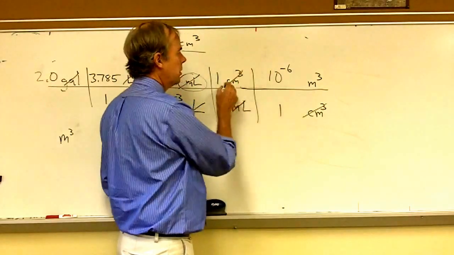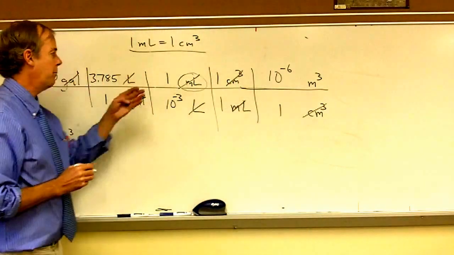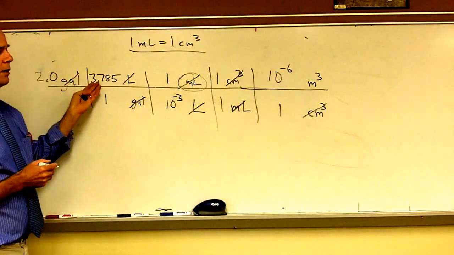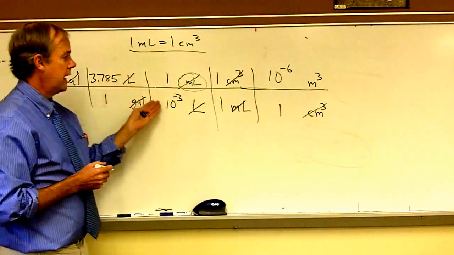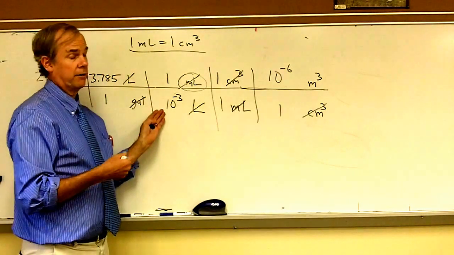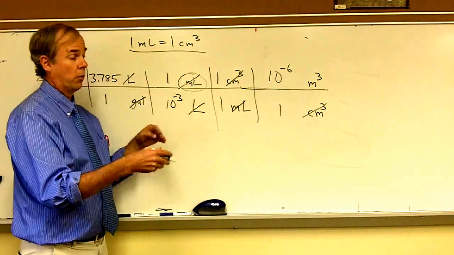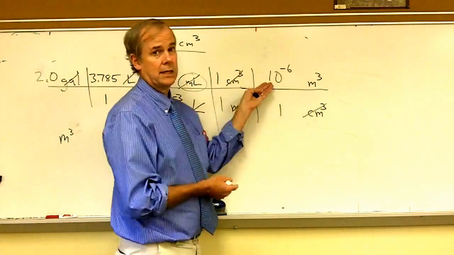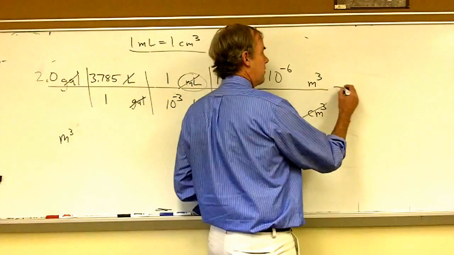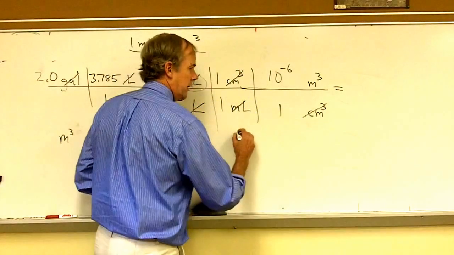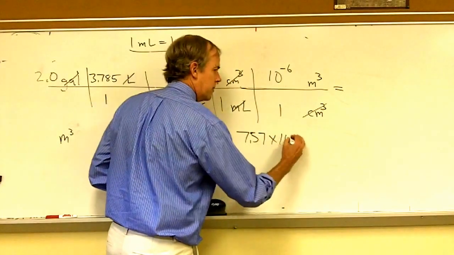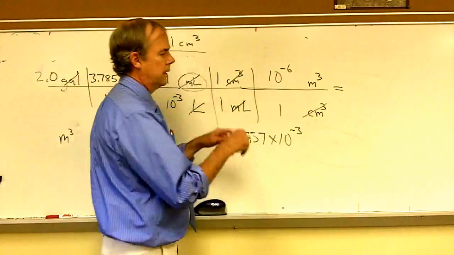The centimeters cubed will cancel, and then I grab my calculator and multiply 2.0 times 3.785. I would divide by 10 to the negative third, and I would multiply by 10 to the negative 6. And if I did so, my calculator would read 7.57 times 10 to the negative third.